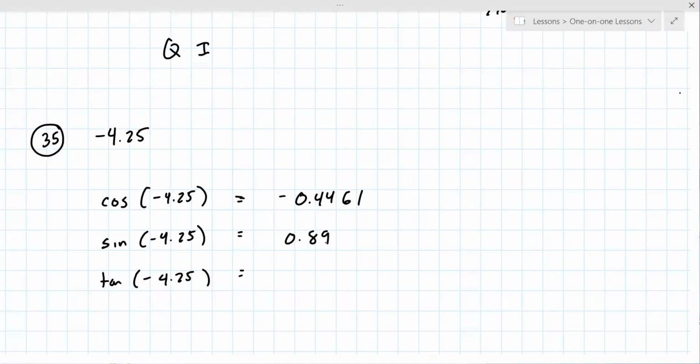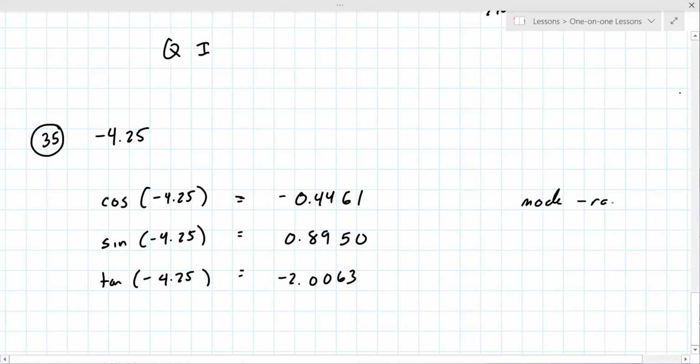Without looking at your calculator it'd be hard for me to know, but these are the values that I got. Again, you want to make sure your mode is in radians. It's really important.